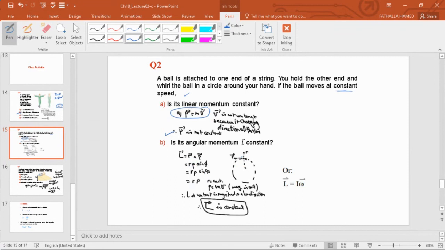The magnitude will stay the same, and the axis of rotation in this case, going counterclockwise, is around the z-axis, so your angular momentum is going to stay constant. But your linear momentum is not going to stay constant. Is this clear in this situation here?